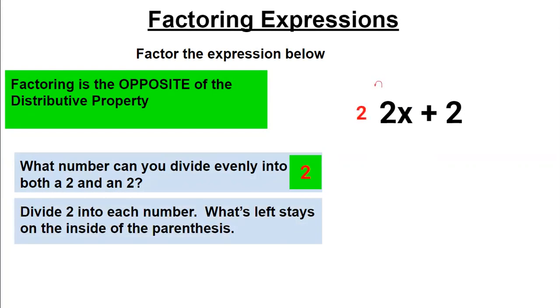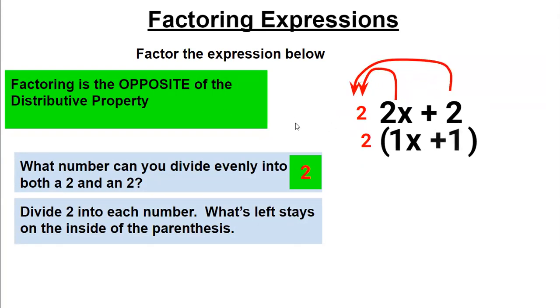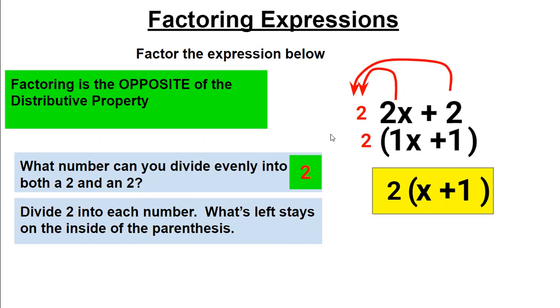So we're going to pull a 2 out. What's going to be left is an x, so 1x, plus, be careful on this one, 2 divided by 2 is 1. And then we can drop the 1 in front of the x because it's assumed to be there. So the answer is 2 times x plus 1. That's the answer.